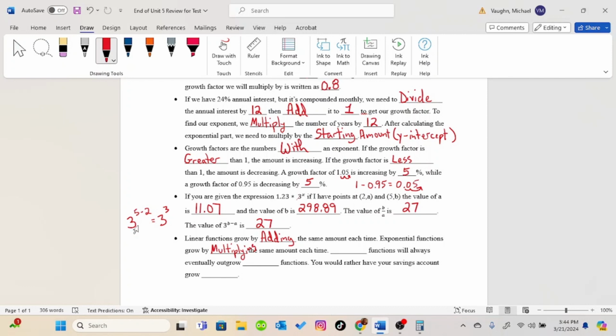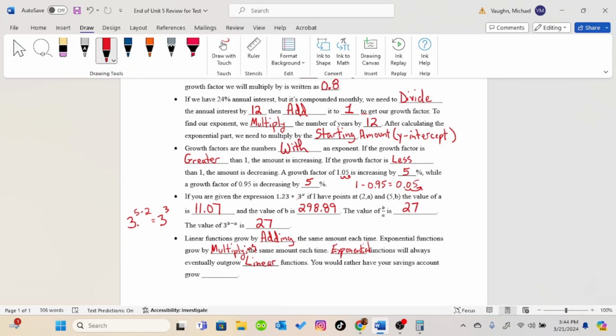Exponential functions will always eventually outgrow linear functions. While they might start out lower and they might start slower, exponential functions will always eventually outgrow linear functions.